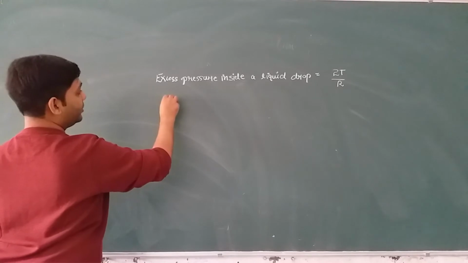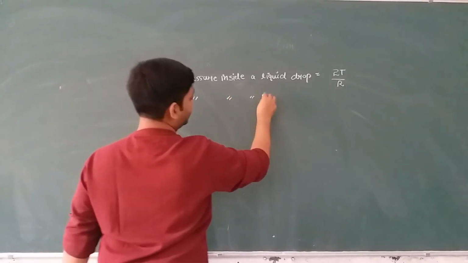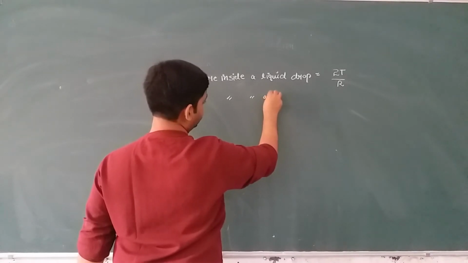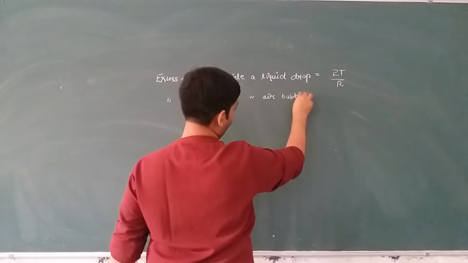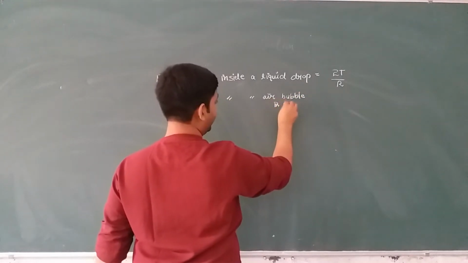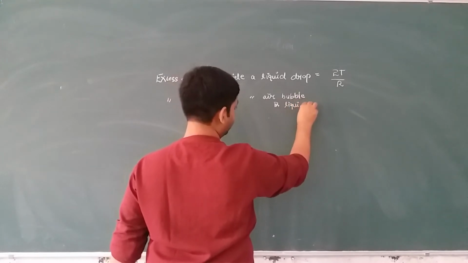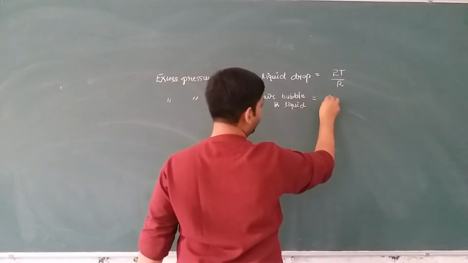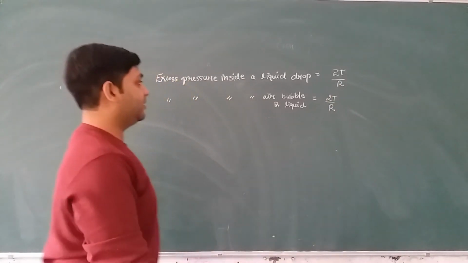Similarly, if we talk about excess pressure inside an air bubble in liquid, then excess pressure inside it is given by the same formula, 2T upon R, because both have one free spherical surface, right?